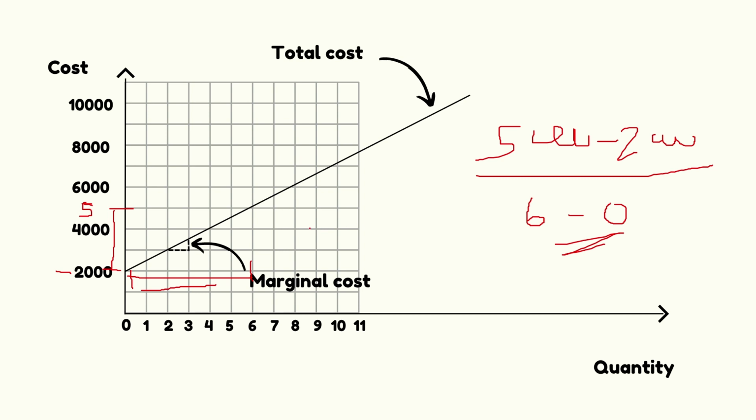So the slope will be 3000 divided by 6, which is 500, which means in order to produce one extra unit, the business has to incur $500. This includes a portion of fixed cost as well as variable cost.